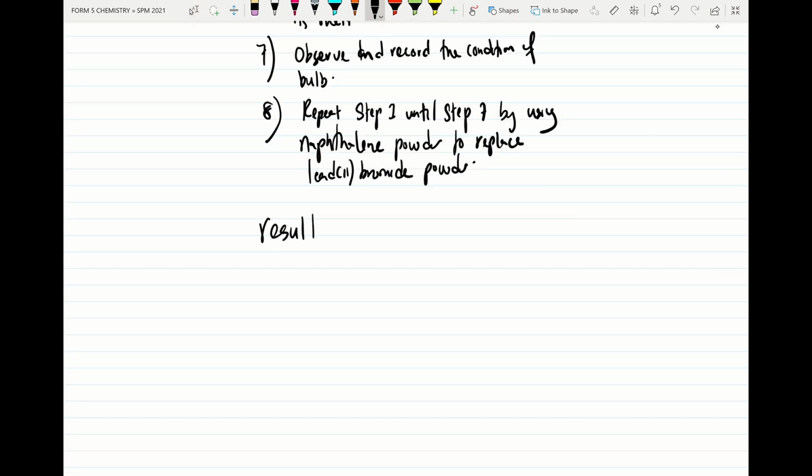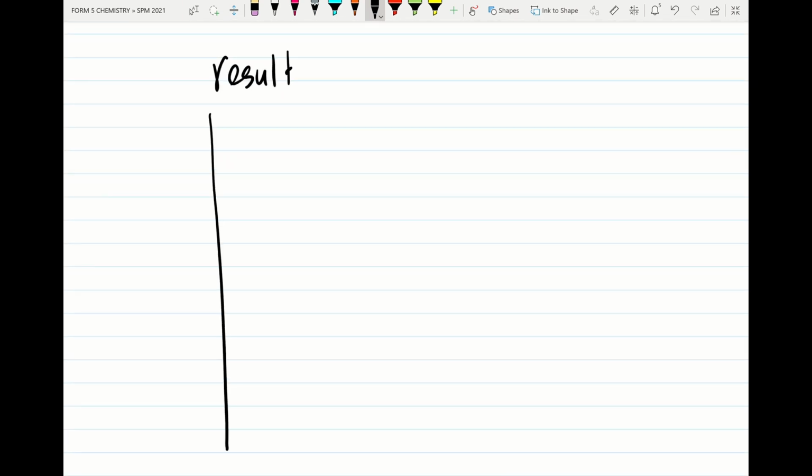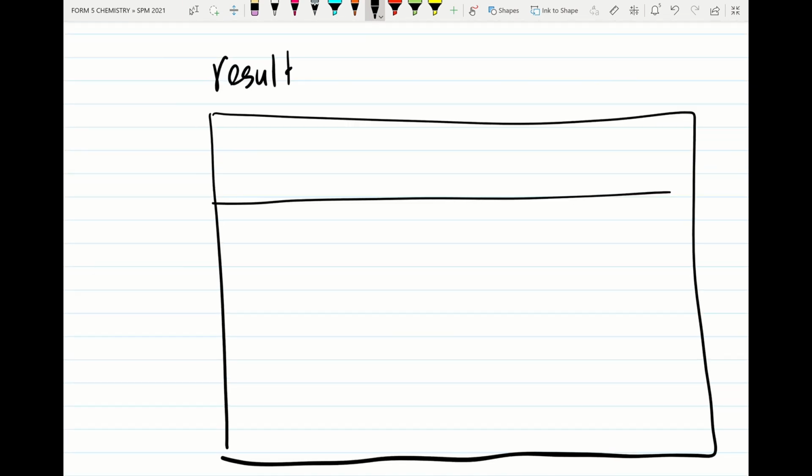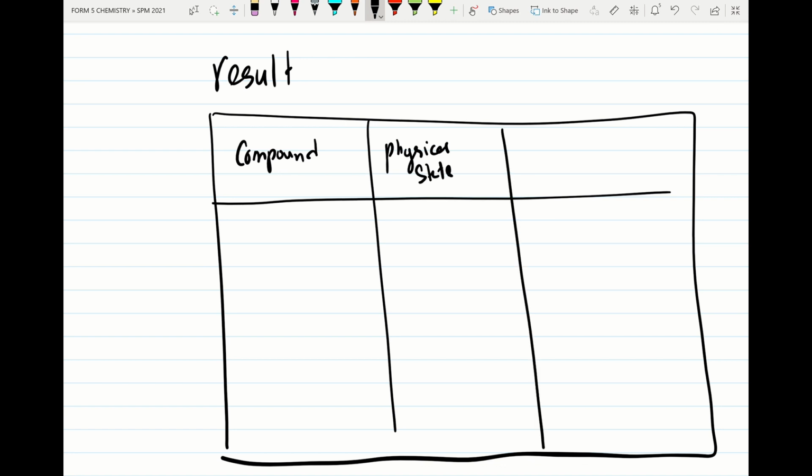The result should be presented in a table form. So I draw a table. Here I put compound, physical state, and condition of bulb. We have two compounds.